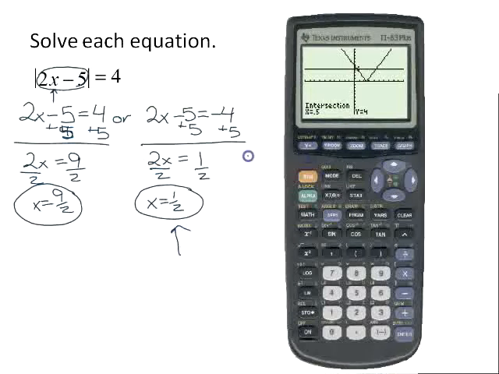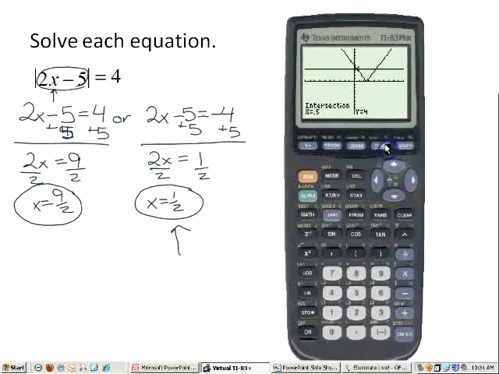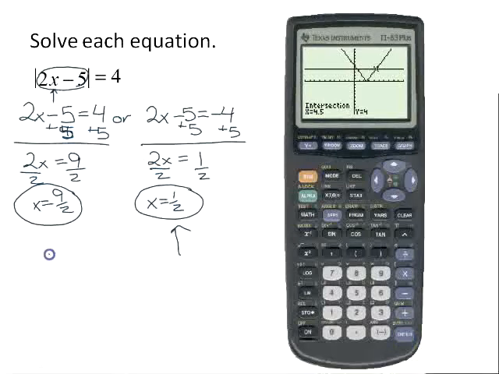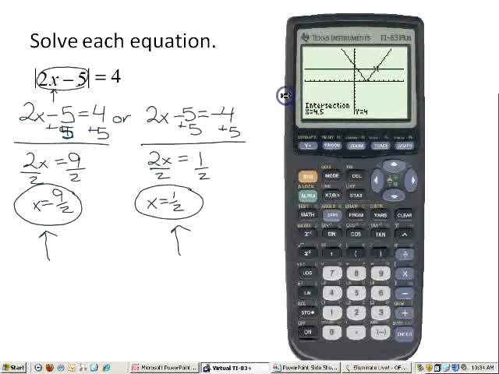Now I'll need to do the same thing to find the other intersection. Second trace and choose the fifth option. Once I get it close to that intersection, I'm just going to do enter, enter, enter, and I get the x equal 4.5, which is the 9/2. So I can also solve these graphically.